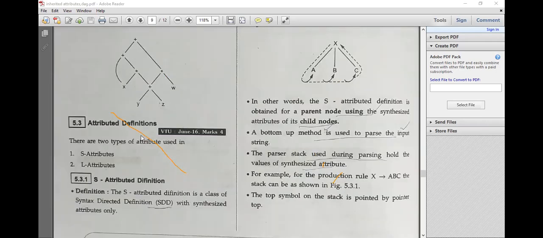So next class we'll discuss attribute definitions, S attributes and L attributes. Any doubt here? Any doubt while drawing this DAG? Anybody?